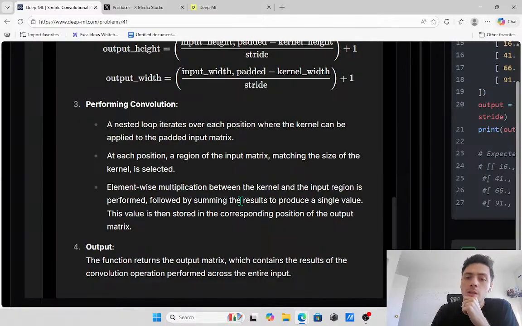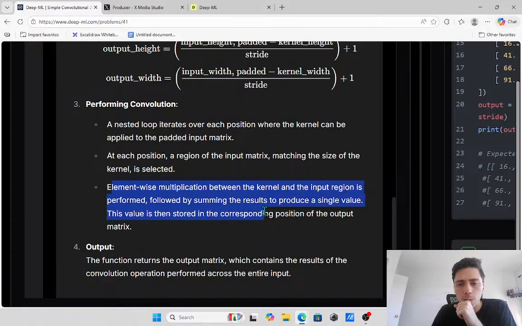Okay, element-wise multiplication between the kernel and input region is performed, followed by sum. This value is then stored in the corresponding position of the output matrix.